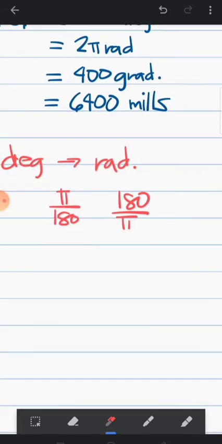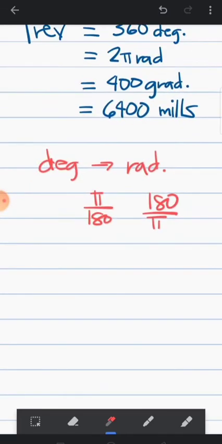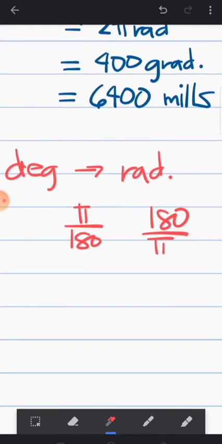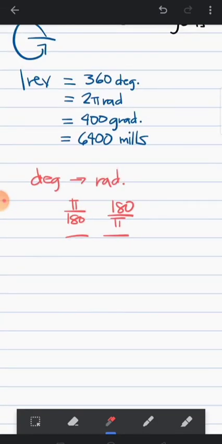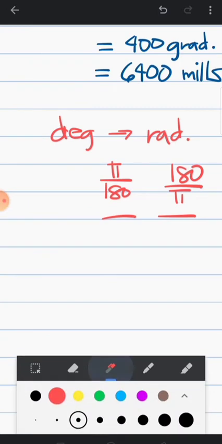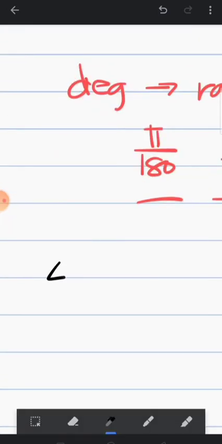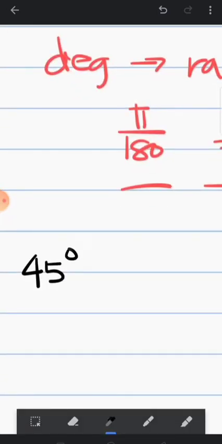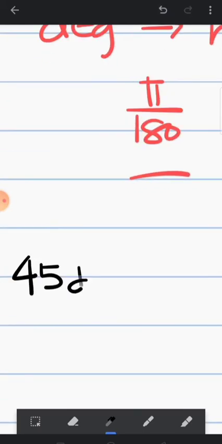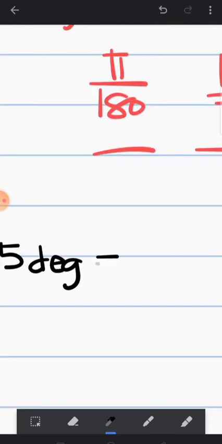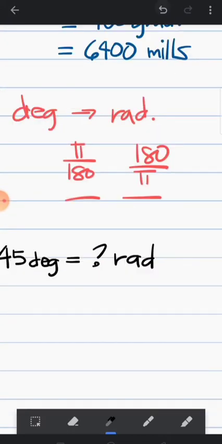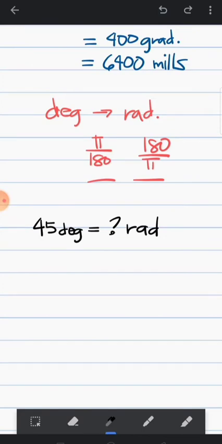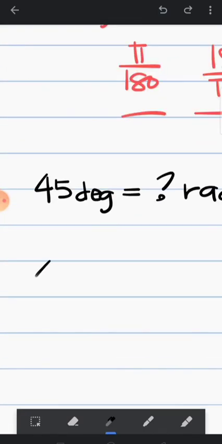So if ever you forget how to convert or which of these two you will use, just use the idea that 360 degrees is equal to 2 pi radians. For example, if I have here 45 degrees, and you have to convert it to radians, which of these two will you use? If you forget, just remember this.